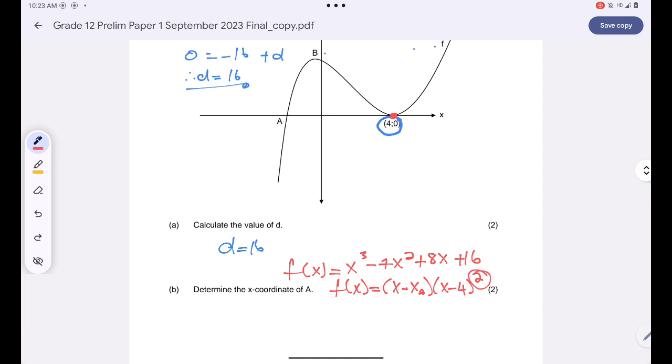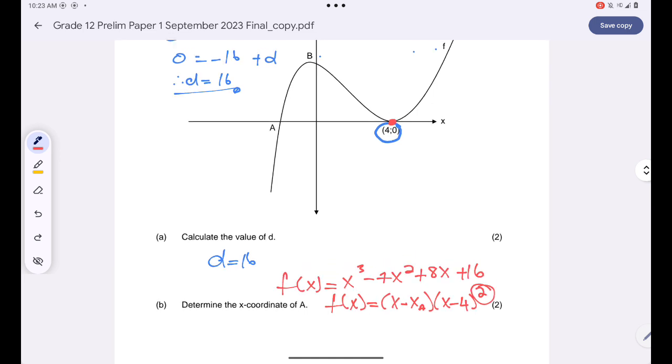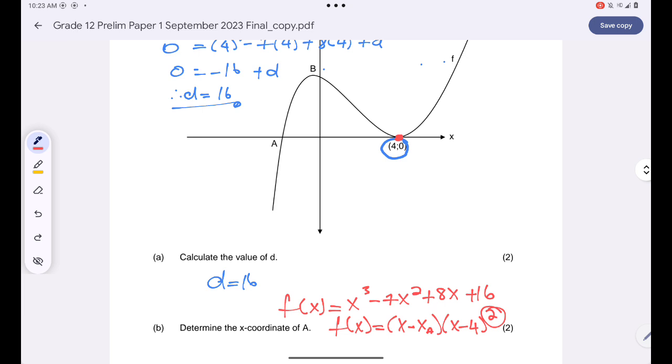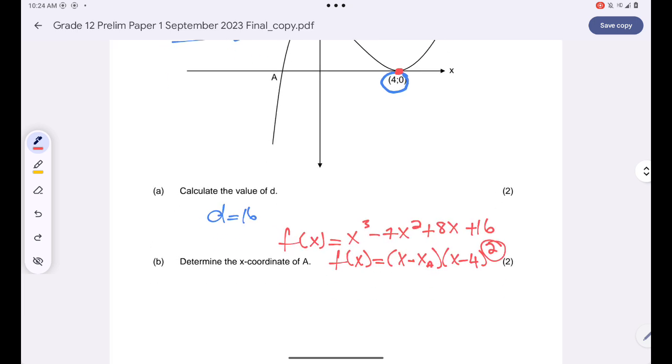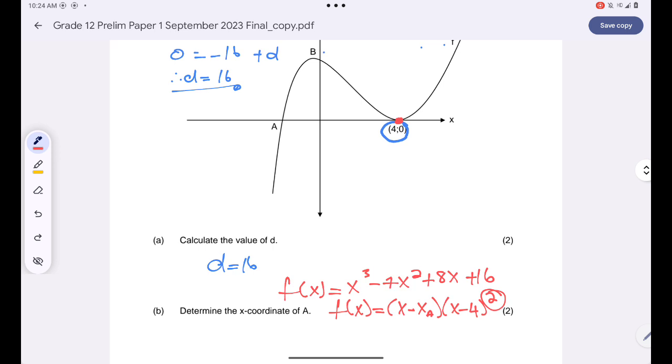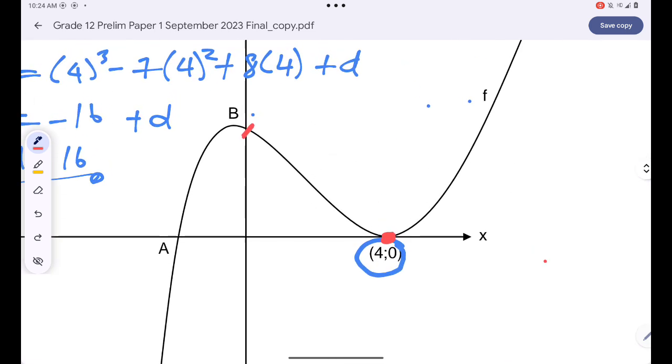So for me to find the x-coordinate of A guys, I can simply substitute an extra point on the graph. Yes guys, you could have done it by trying to find the x-intercept of your graph, it's still okay, but since it's 2 marks guys, I don't want to sweat. Remember that we just found that d is equal to 16. That means our y-intercept is 16.